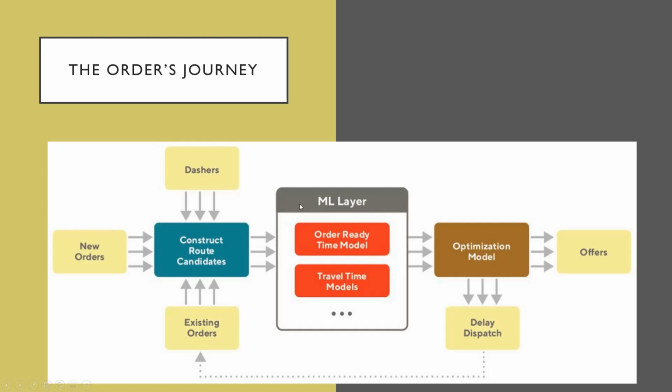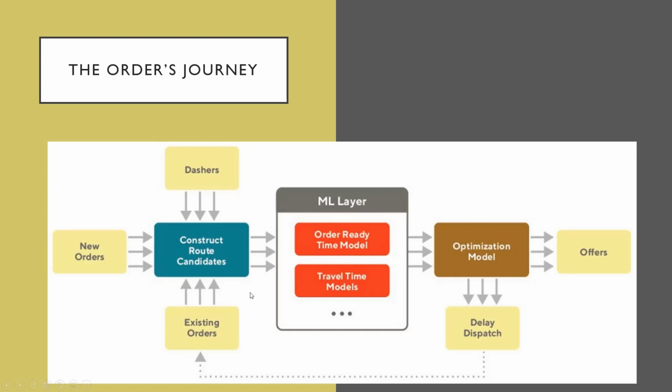And then it puts it into that machine learning layer where they use the order ready time and the travel time models to decide which one of these dashers will be around the restaurant around order time, and the travel time matches up with the order ready time. So they match up the dashers to the orders.